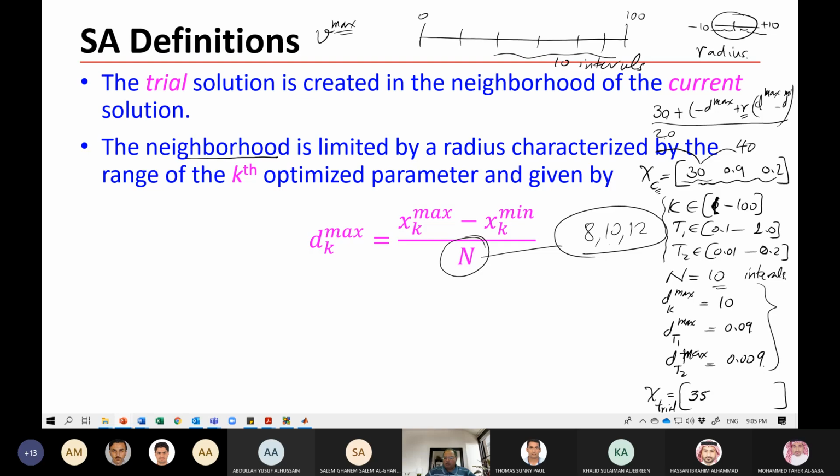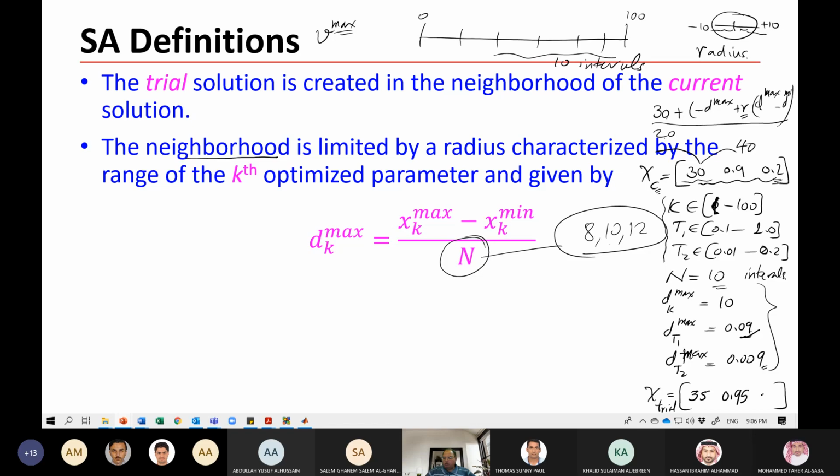This is a trial solution, and this is around 0.9 here, within the bounds of 0.09 to minus 0.09. So we can have here 0.95, and this one could be from 0.2. We can have plus minus 0.09.